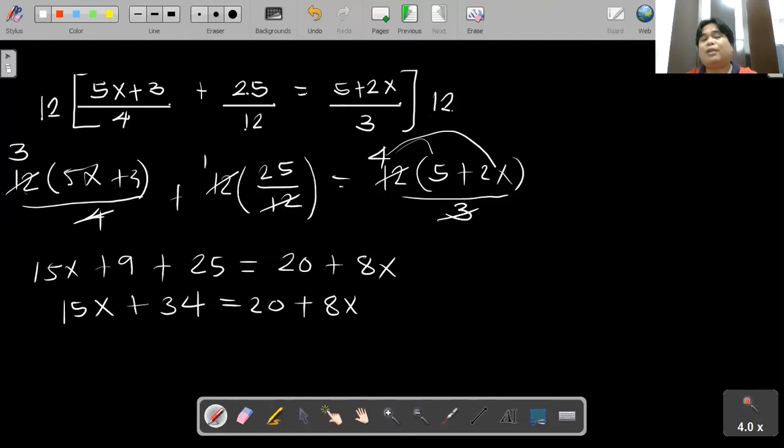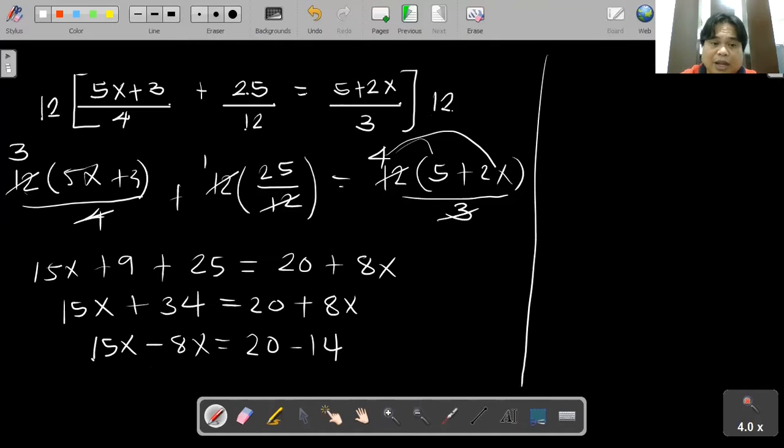Okay, so we have now reached a point that we need to transpose. So let's now transpose in order to combine like terms. So 15x, transpose the 8x to the right side, this becomes minus 8x is equals to 20 minus 34.